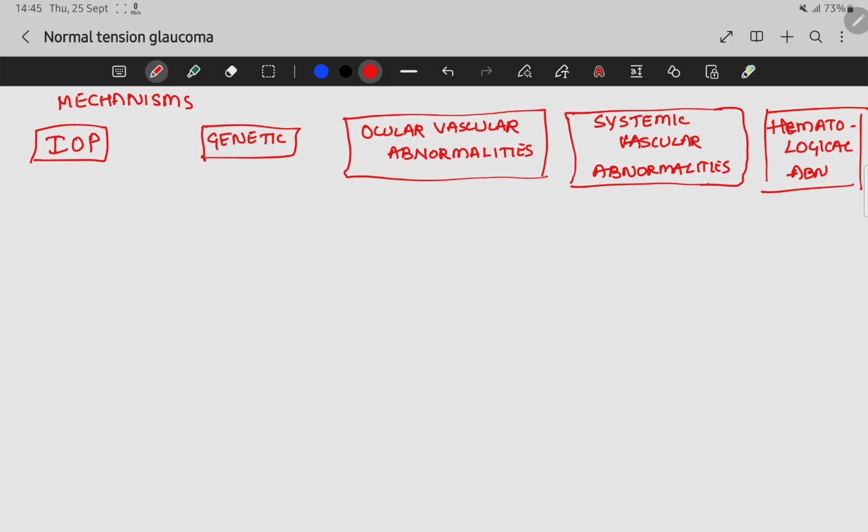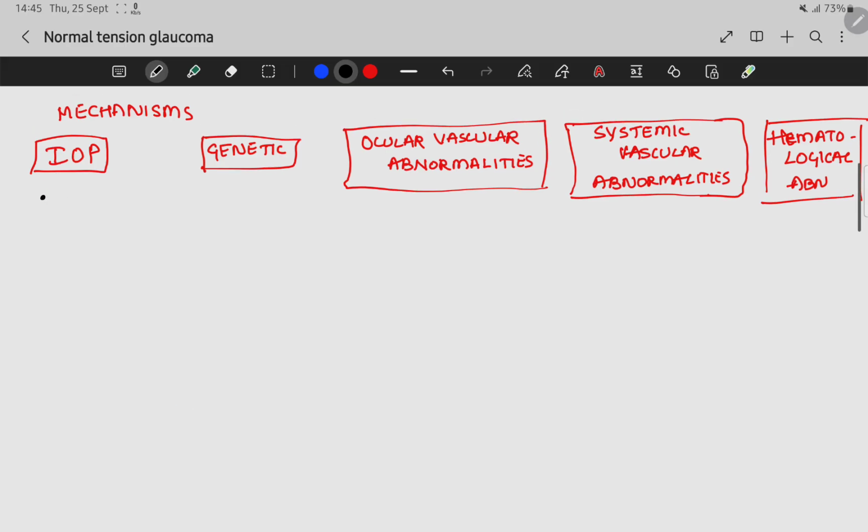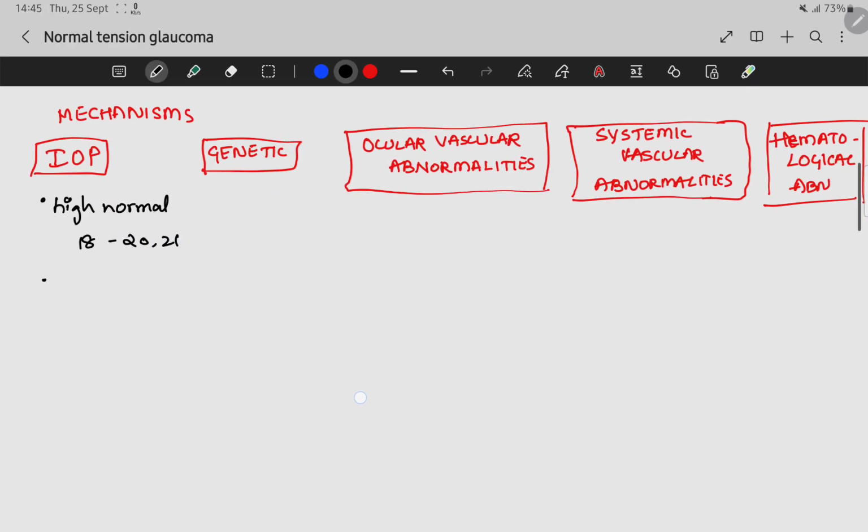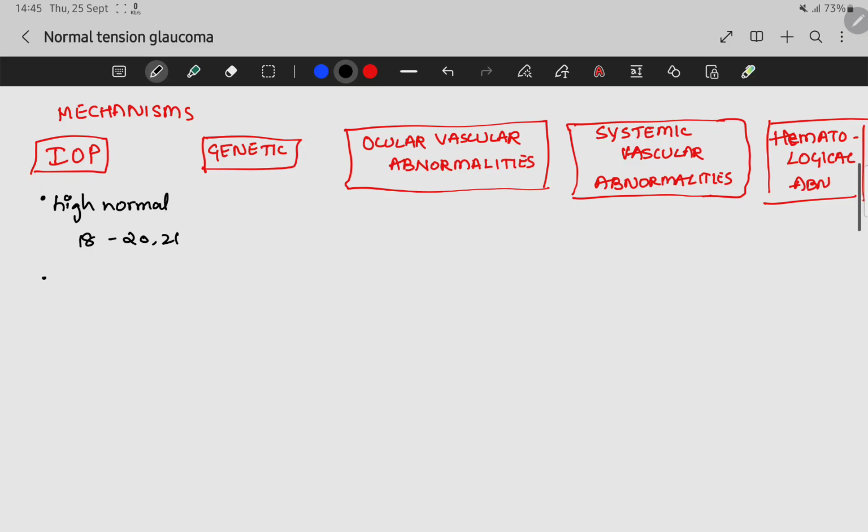So coming to what is the IOP mechanism. There can be IOP which is high normal in range, that is the high teens, 18 to 20. That is one mechanism. In the other mechanism there can be high diurnal variation.